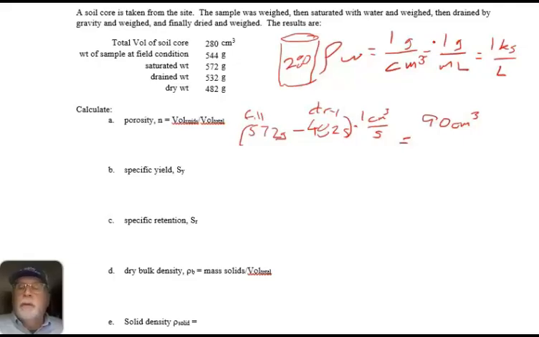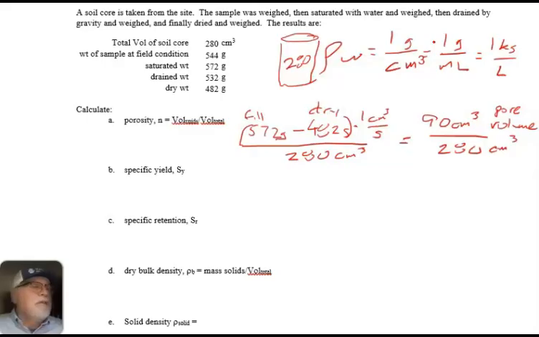That means 90 cubic centimeters is the void space, or the pore volume. We like that number too, the pore volume. And so the porosity is the pore volume divided by the total volume, and the total volume is 280 cubic centimeters. And so that porosity, the pore fraction, is 0.32, 32%.